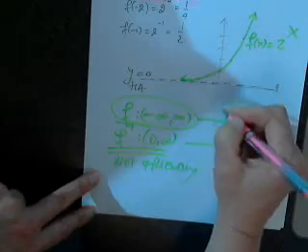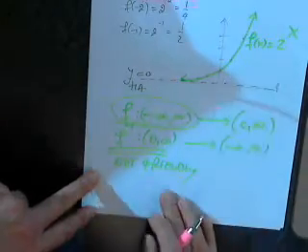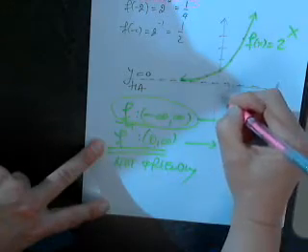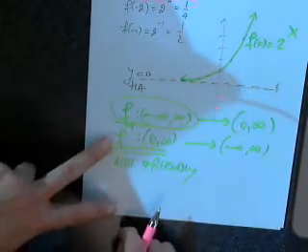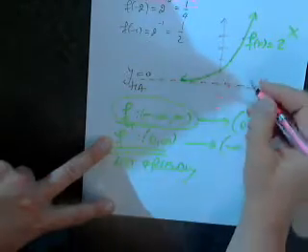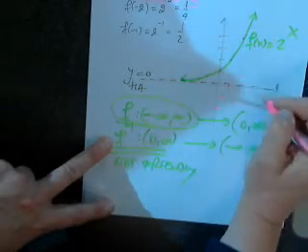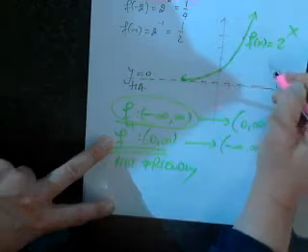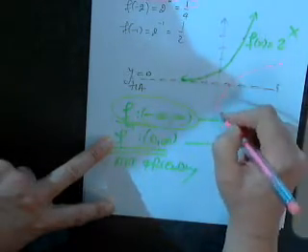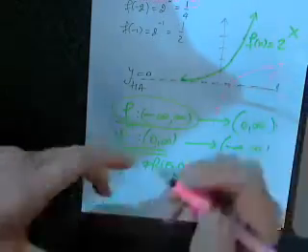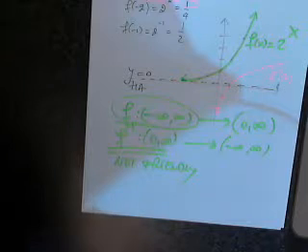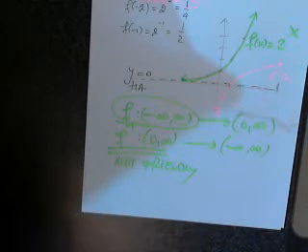Very good. 1/4, negative 2. Very good. Very good. And this is the inverse function. And they must be symmetric with respect to the line.